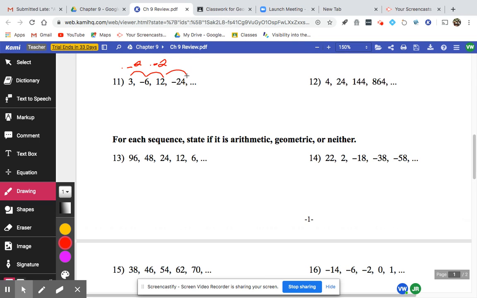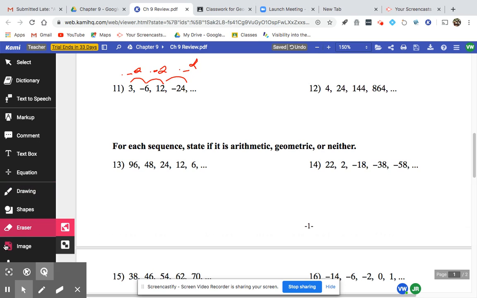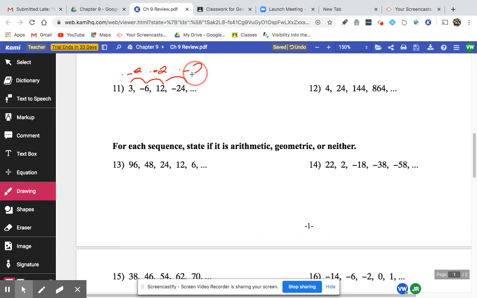Positive 12, negative 24, once again, multiply by negative 2. Maybe if I could correctly draw a 2. There we go. Okay. So let's identify the first term. It's 3. My common ratio, we call it r, that's negative 2.